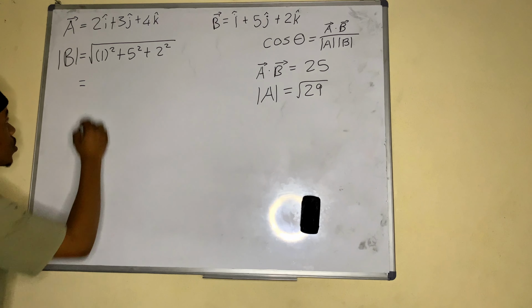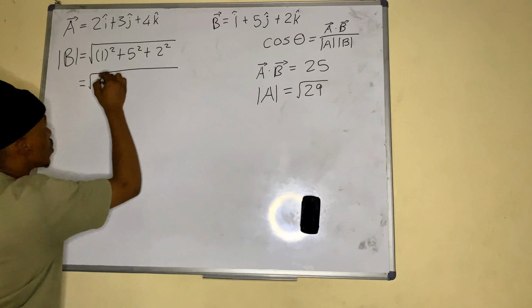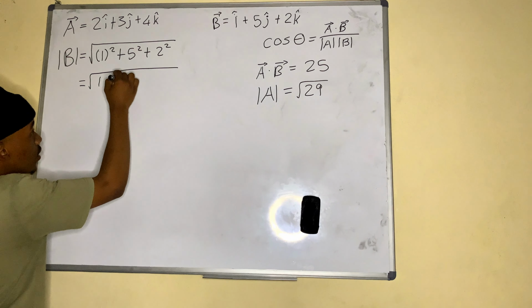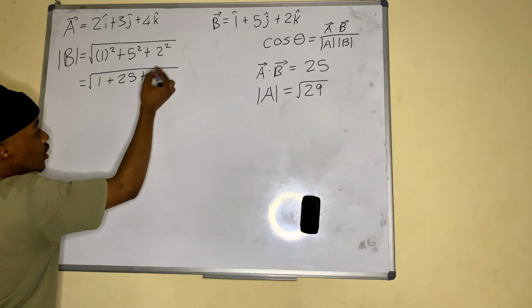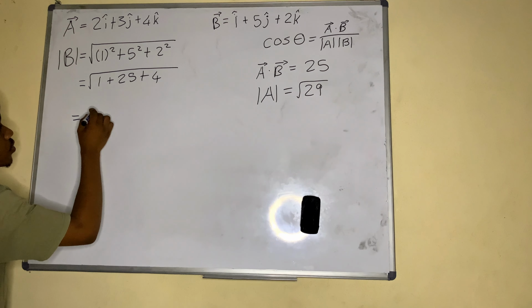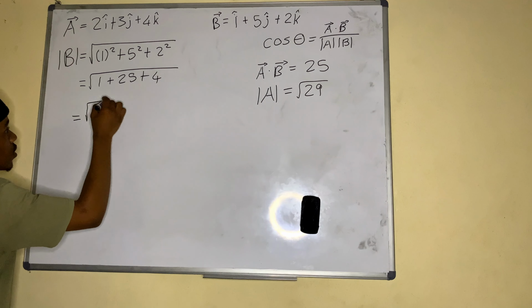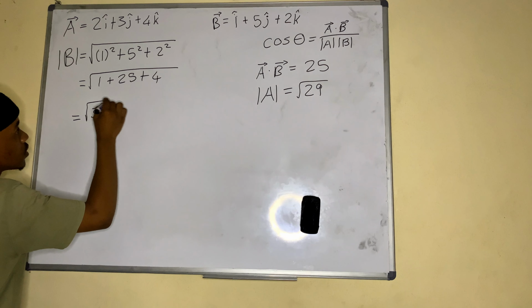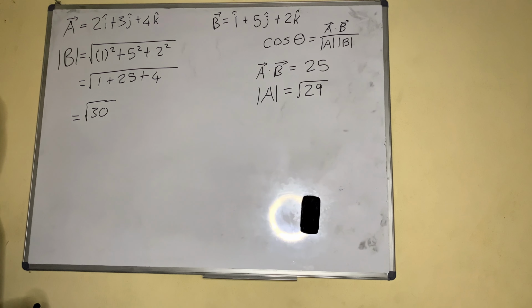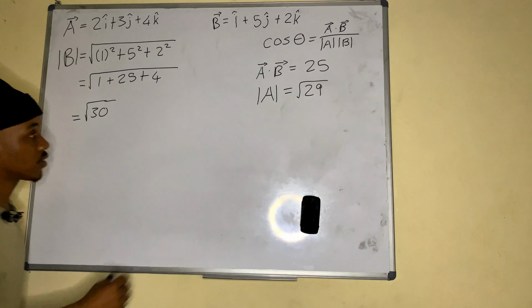And so 1 squared gives us 1, 5 squared gives us 25, and 2 squared gives us 4. Adding these gives 30, so our final value is square root 30. I'll move that over there to make space.